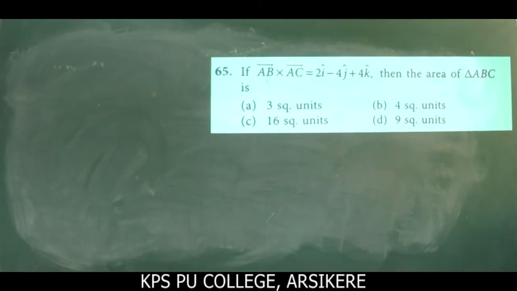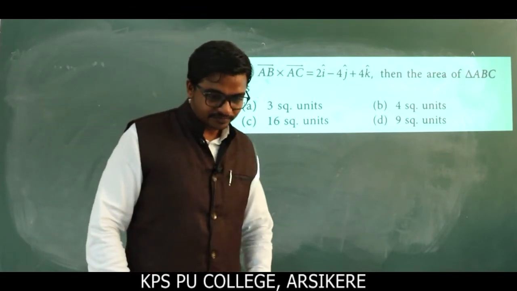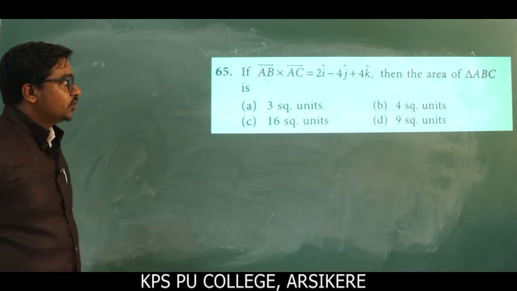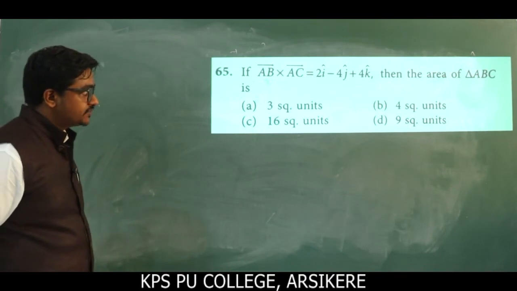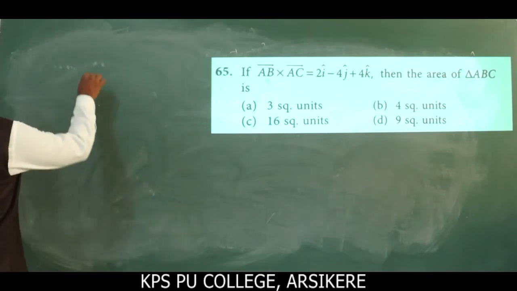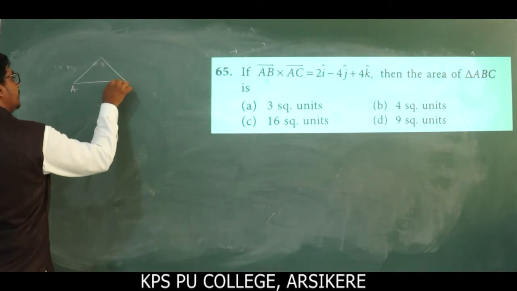Now dear students, we are moving to the next question. Question number 65. If vector AB cross vector AC is equal to 2i minus 4j plus 4k, then find the area of triangle ABC. So here we have the triangle ABC.